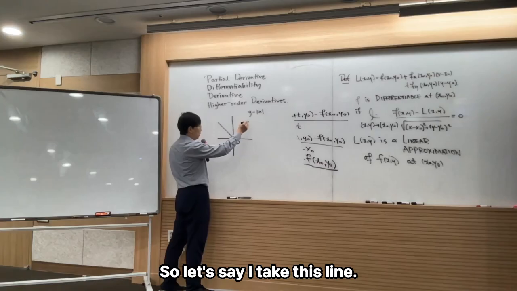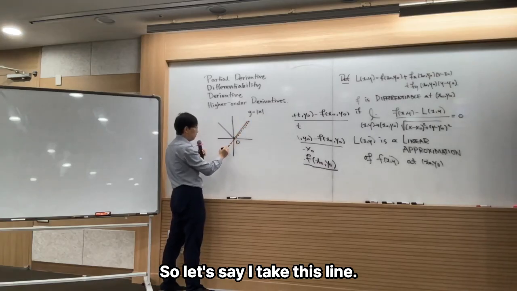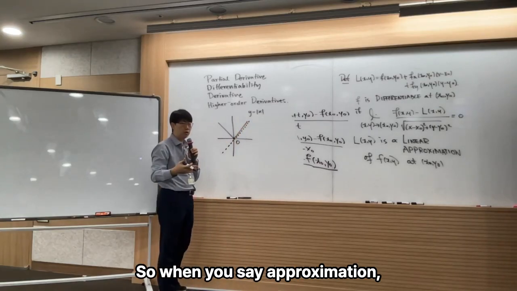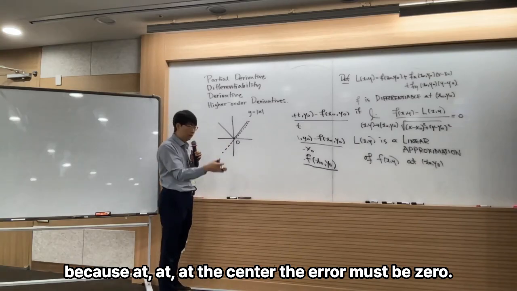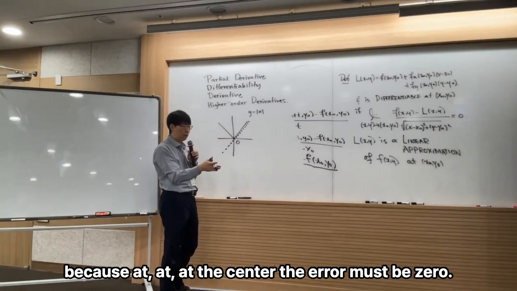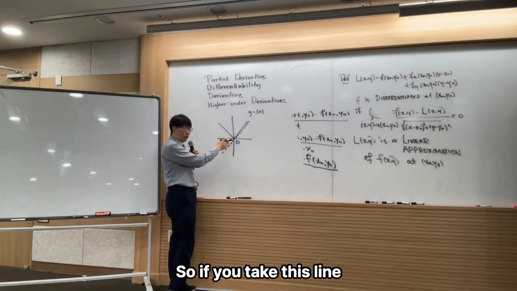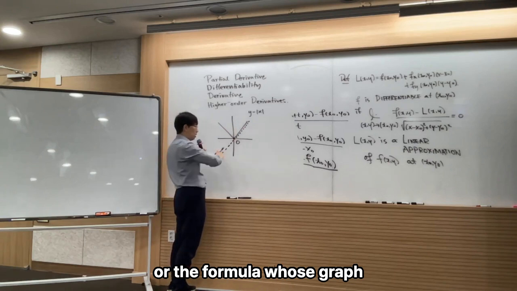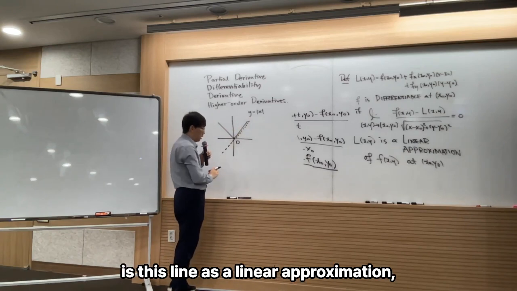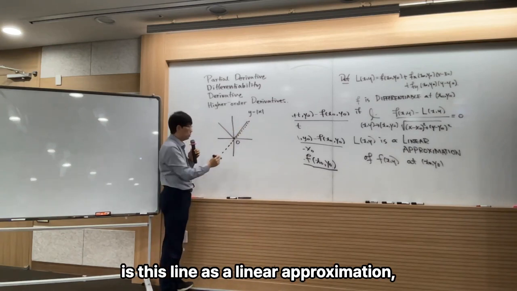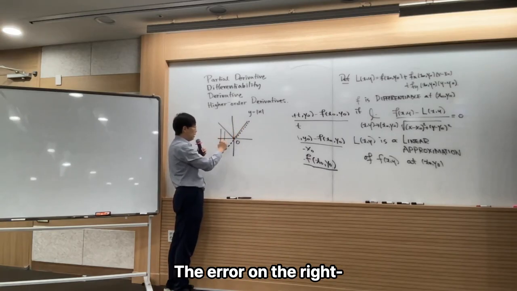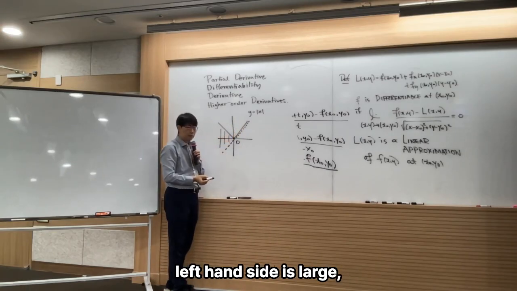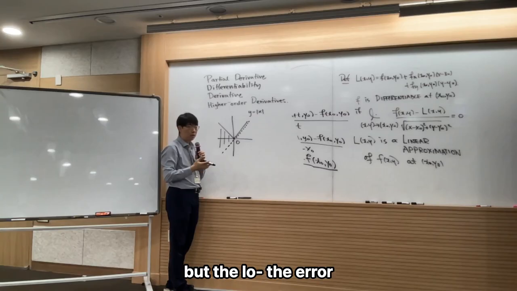So let's say I take this line. When you say approximation, it has to be the line passing through that point, because at the center, the error must be 0. So if you take this line as a linear approximation, the error is 0 on this side, but the error on the left-hand side is large.